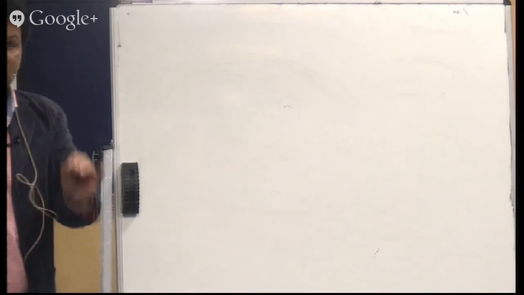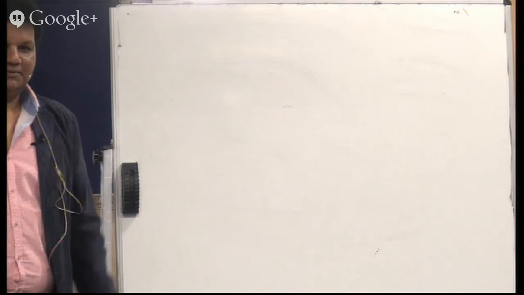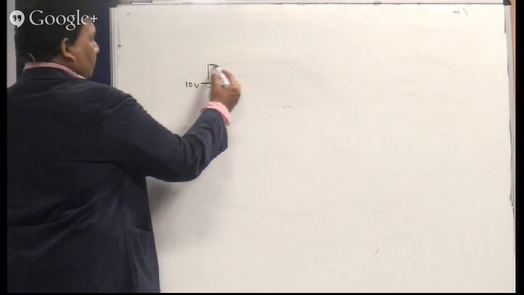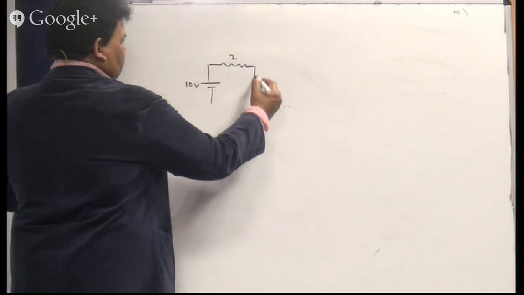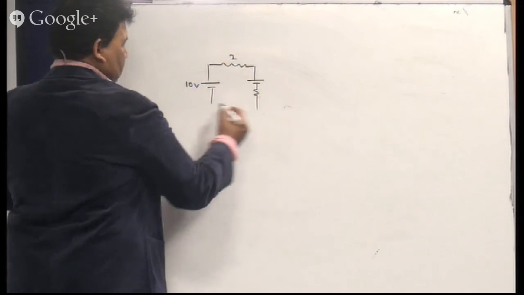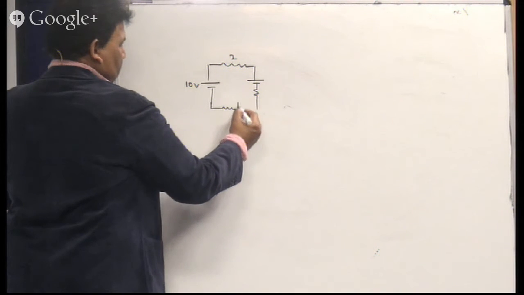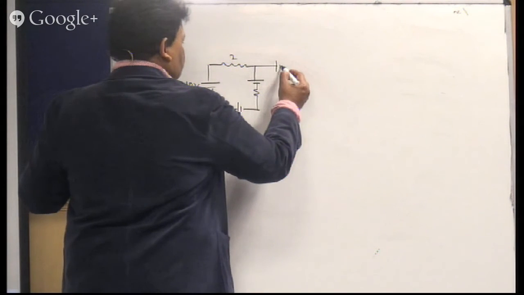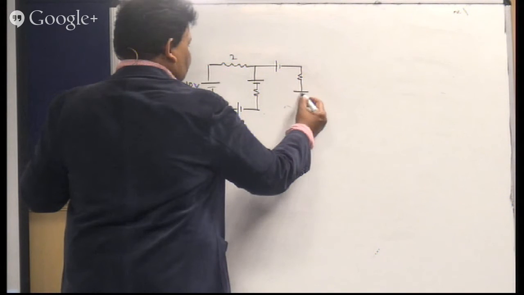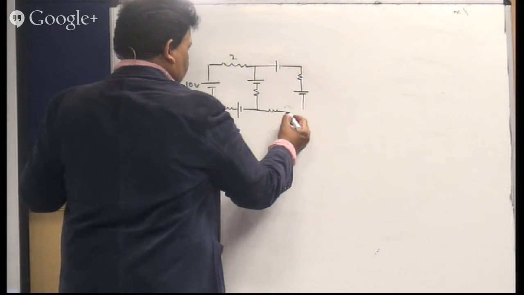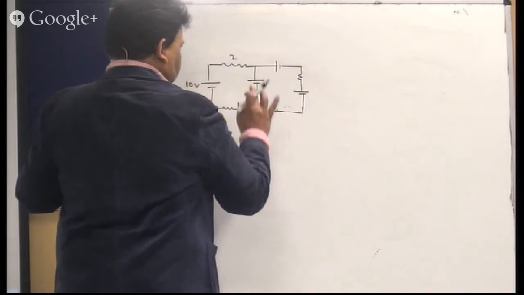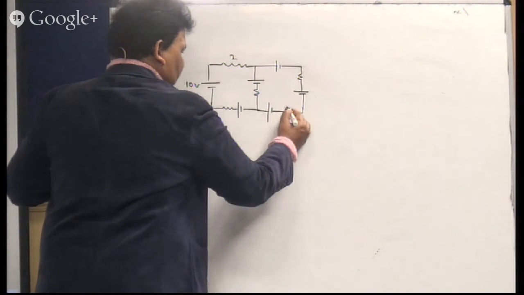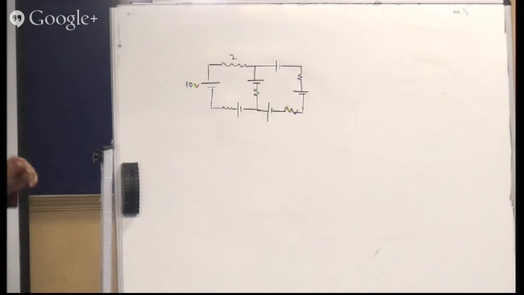Now, nodal becomes lengthy if the number of variables increase. Like for example, imagine a situation like this. I'm giving you a situation. When you analyze it, you will find out how long the question can get. Take anything, you will see the situation.